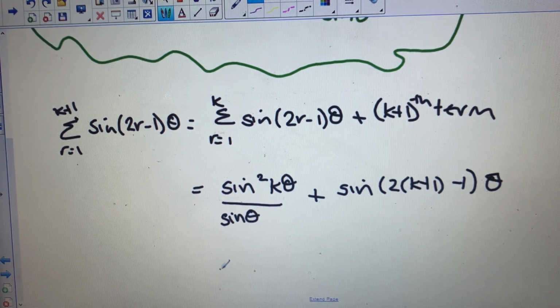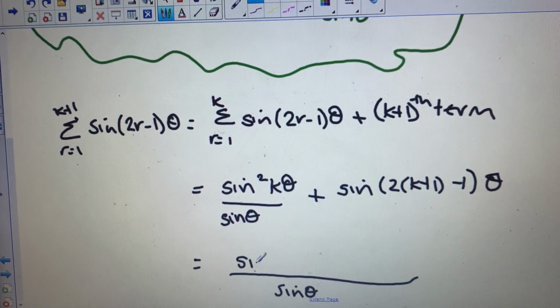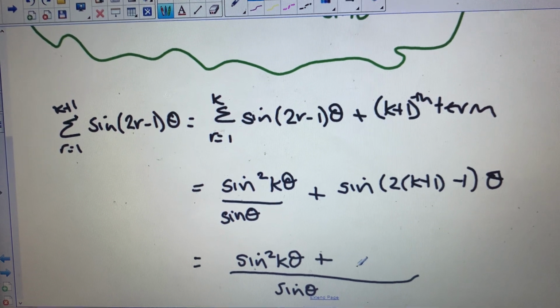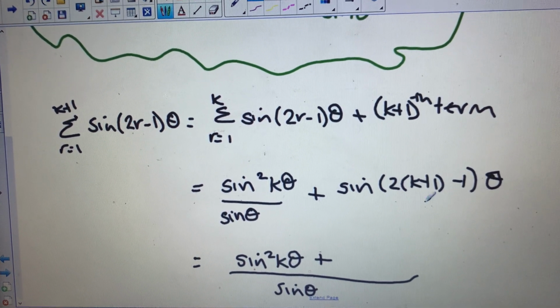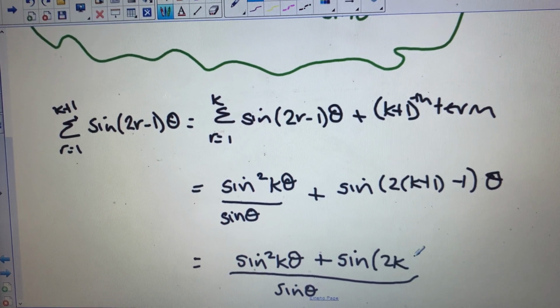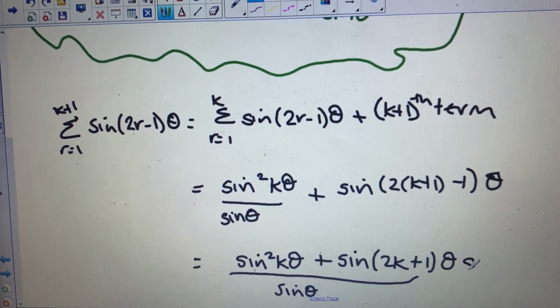Thank you. What I'm going to do is put this all over sine theta, and when I multiply this by sine theta, I'm also going to expand this bracket. So I'm going to have the sine of (2k plus 2 minus 1), so plus 1, theta times the sine of theta.